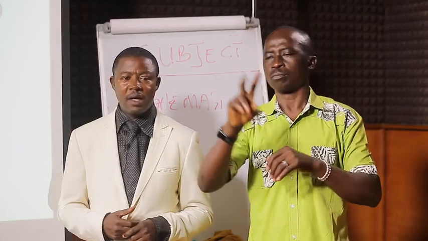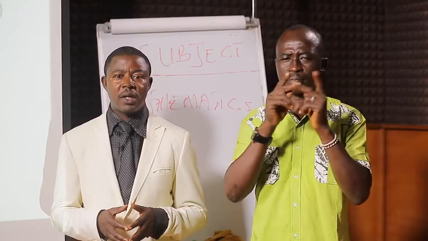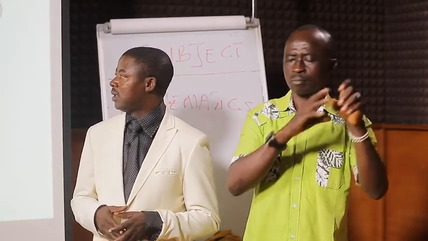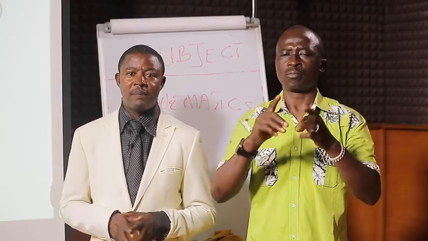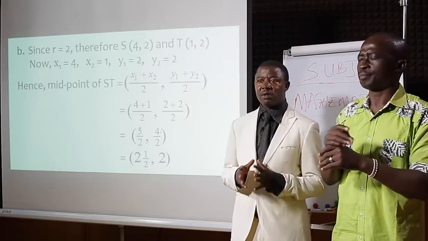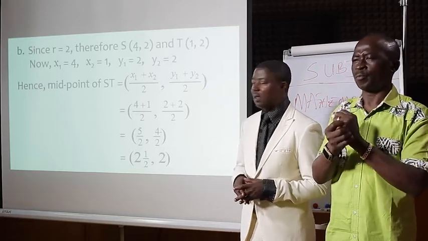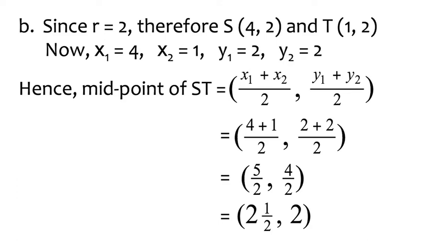y2 is 2. Hence the midpoint of the line joining X and T is (x1 plus x2) divided by 2, (y1 plus y2) divided by 2, which is the formula for finding the midpoint of a line segment. Now substituting their values, we have (4 plus 1) divided by 2, and (2 plus 2) divided by 2. 4 plus 1 is 5, so we have 5 divided by 2; 2 plus 2 is 4.